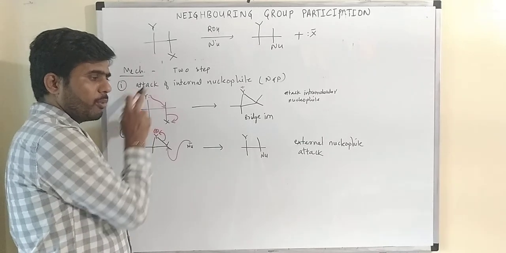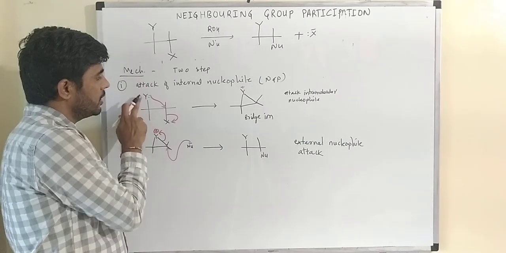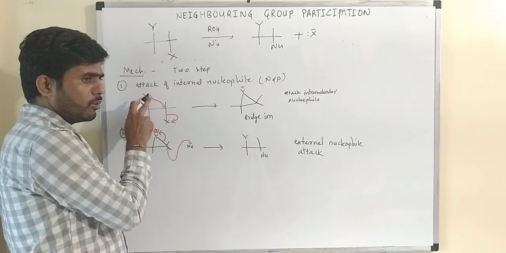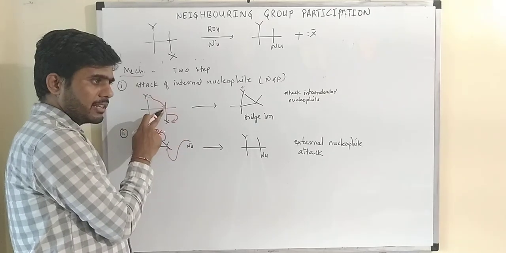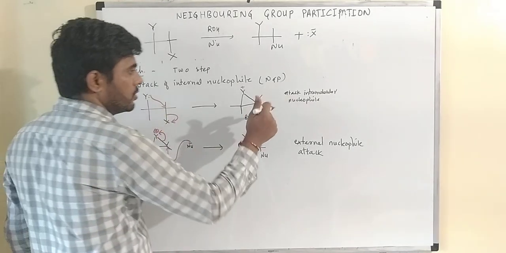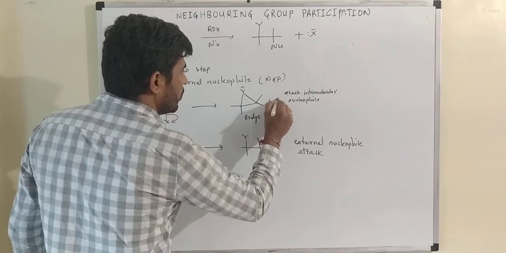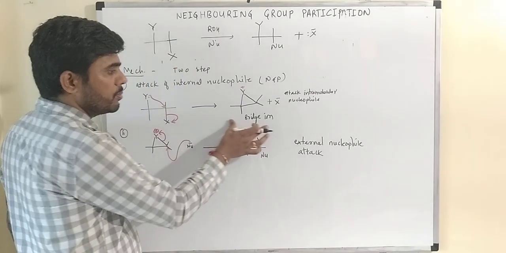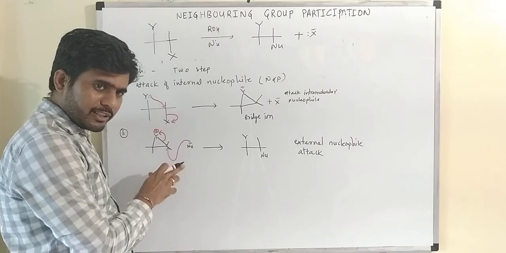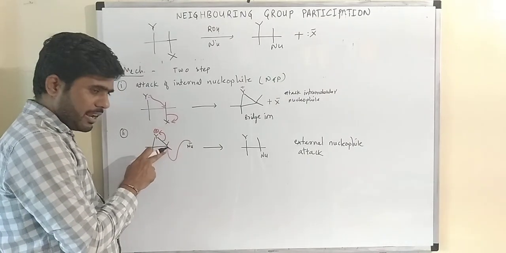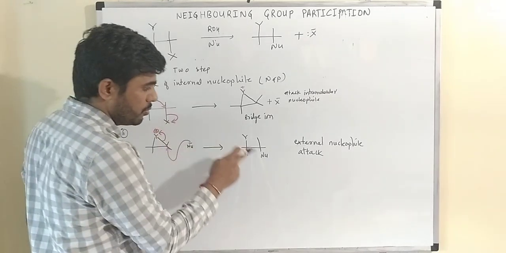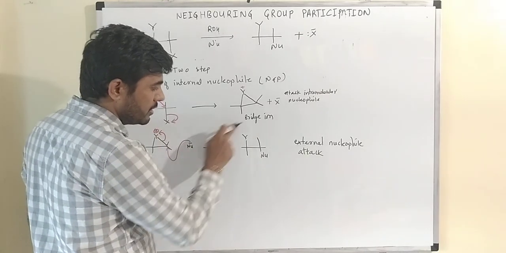The first is intramolecular nucleophile attack: from the same molecule a group having a lone pair of electrons easily attacks the reaction center, and it departs the leaving group with the pair of electrons and forms a bridge ion. In the second step, that bridge ion is attacked by the external nucleophile at the reaction center, and the migrating group reverts back to its original position. So we get this product.